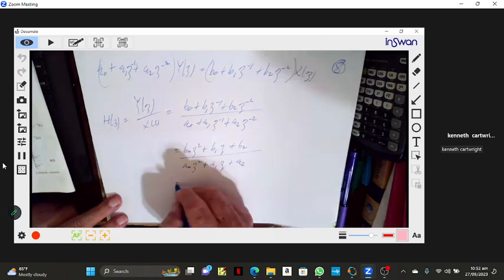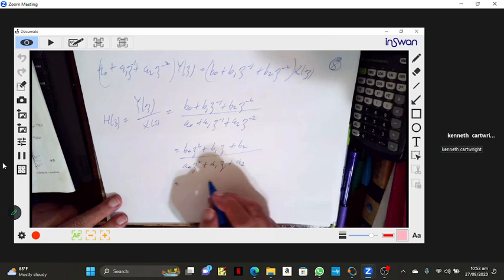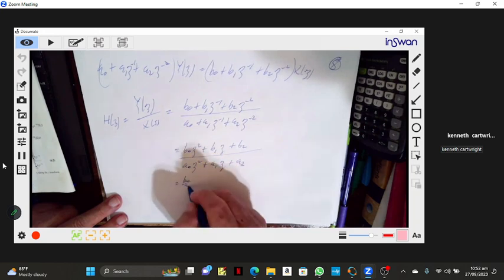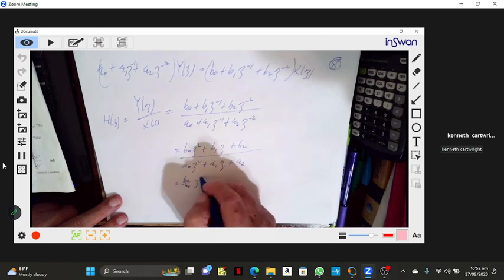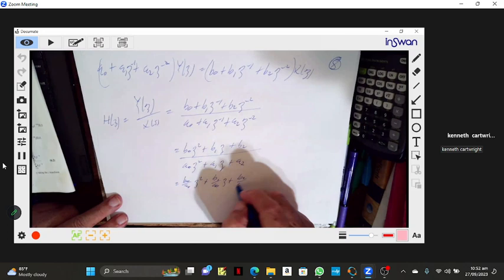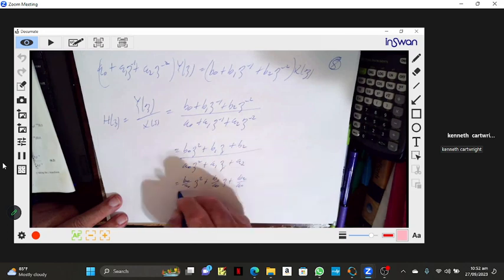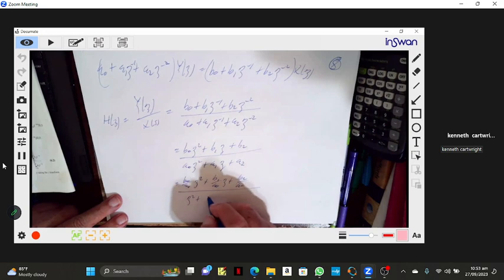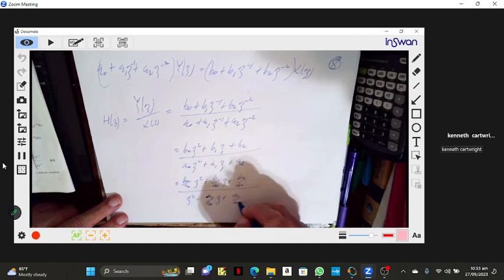And then we can divide by a0, top and bottom: b0 over a0 z squared plus b1 over a0 z plus b2 over a0, over z squared plus a1 over a0 z plus a2 over a0.